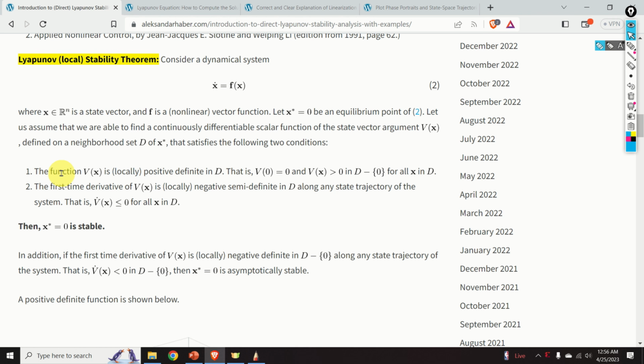In the general case, that is, in the case of very complex dynamics f of x, it's very challenging to find the Lyapunov function for the system. Usually, good guesses are the energy of the system, for example, because we know that conservative systems always conserve energy, or dissipative systems always dissipate energy.